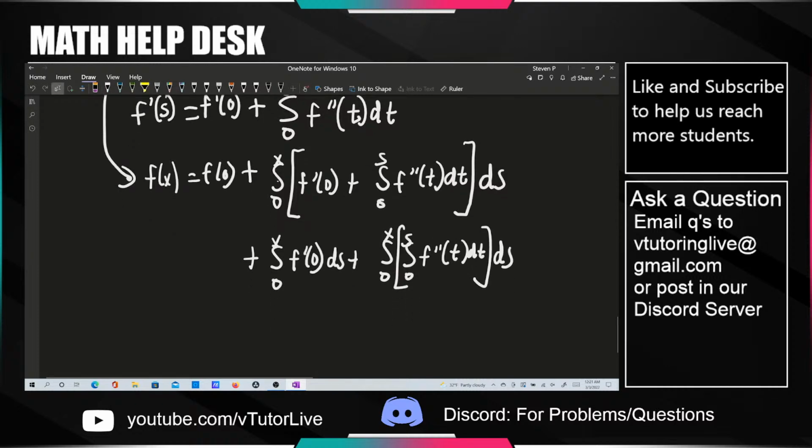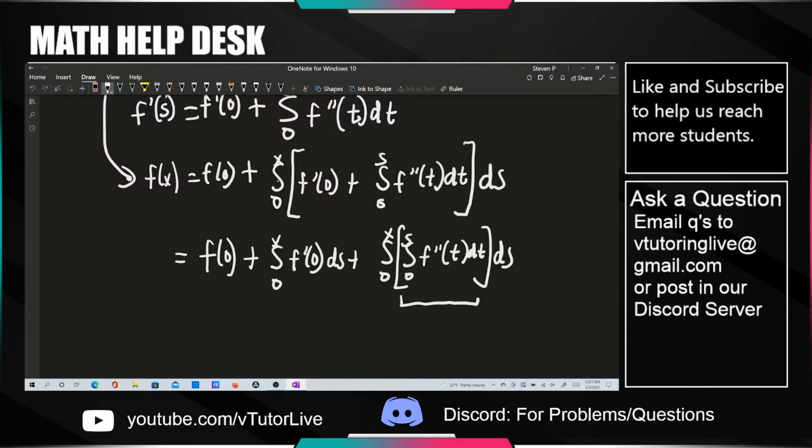If you don't really want to think about an iterated integral too deeply, you can just think of the inner integral as some function of s that, once you figure it out, you plug into the integrand of the outer integral. Just think of it one integral at a time.